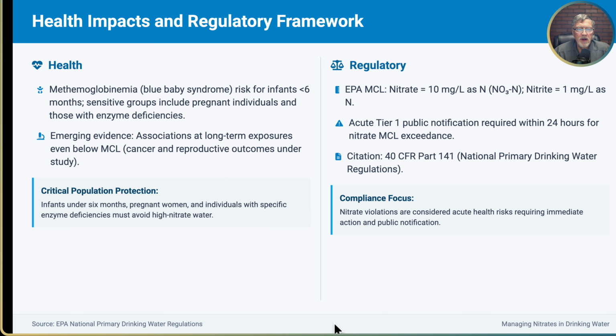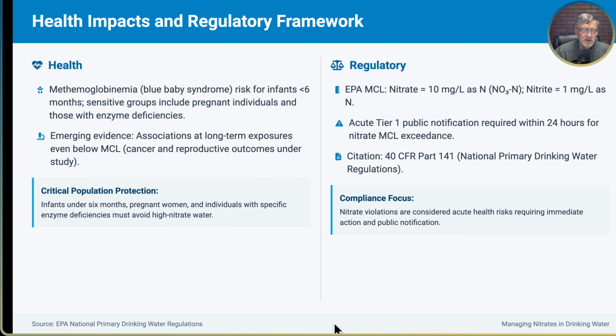All right, health impacts and regulatory framework. Methemoglobinemia, the blue baby syndrome, is a risk for infants less than 6 months. Sensitive groups include pregnant individuals, and those with enzyme deficiencies have particular sensitivities to nitrates.